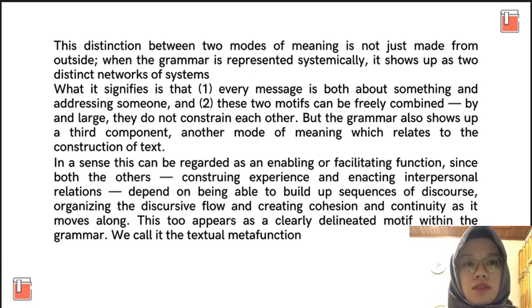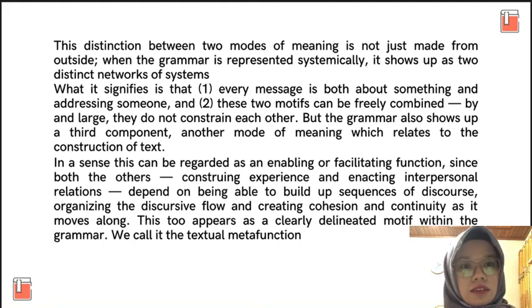What it signifies is that, one, every message is both about something and addressing someone, and two, these two motifs can be freely combined. By and large, they do not constrain each other. But the grammar also shows up a third component, another mode of meaning, which relates to the construction of the text.